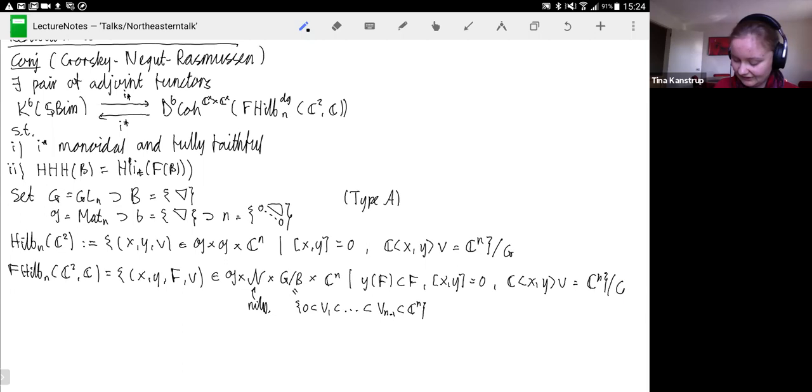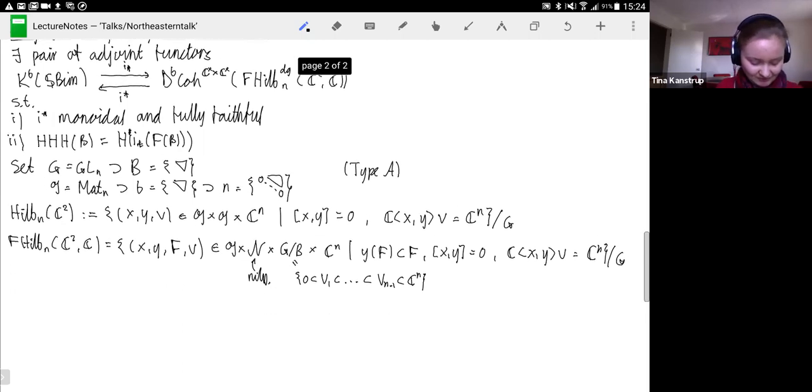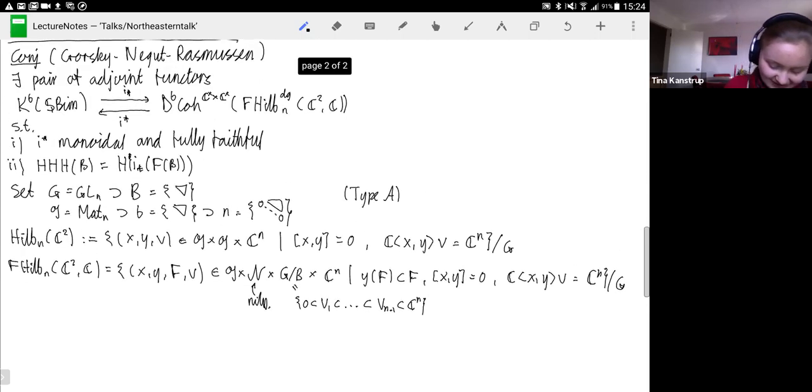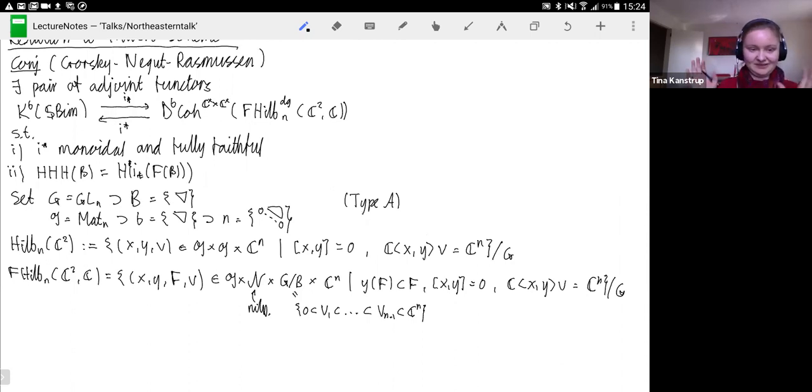I want to say the reason why people might like the flag Hilbert scheme is because usually it's not easy to go one dimension down. This is what people like to calculate with circle bimodules. They'll take a braid and try to deal with one crossing and go one dimension down, and that's not very easy to do with a Hilbert scheme.